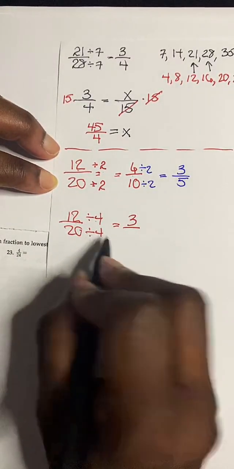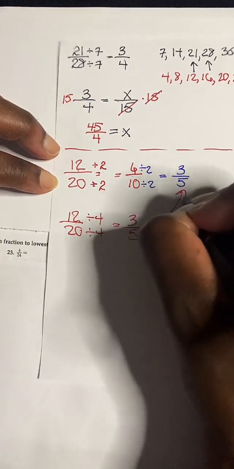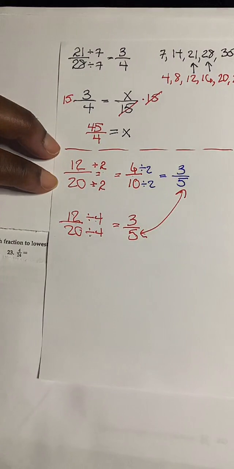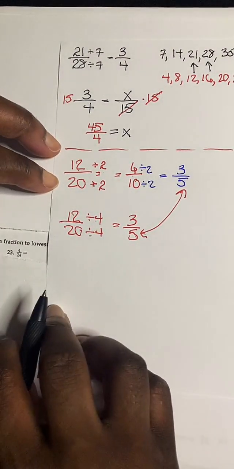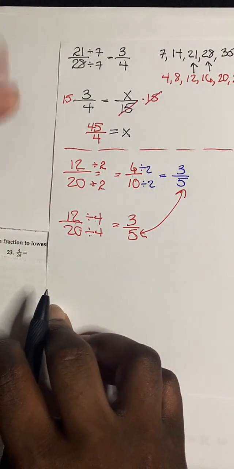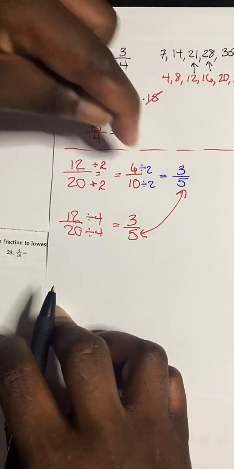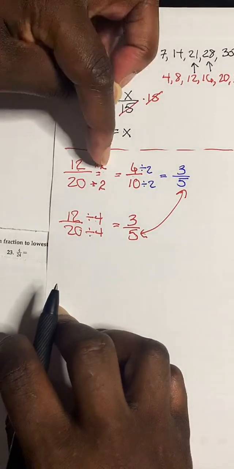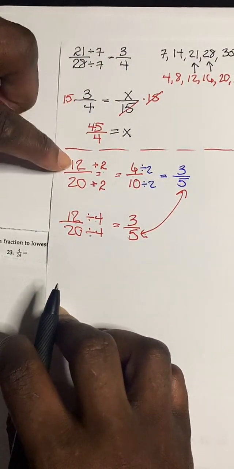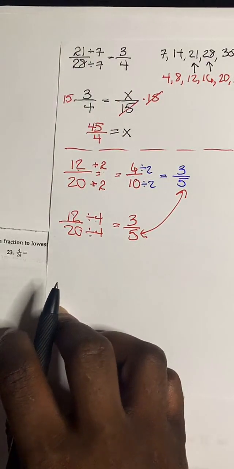And 20 divided by 4 gives me 5. What do we notice? We get the same answer. So I know this took a couple extra times. But here's my thing. If you feel that, okay, both of them are even, let me divide by 2 and divide by 2 again, go ahead and do it.